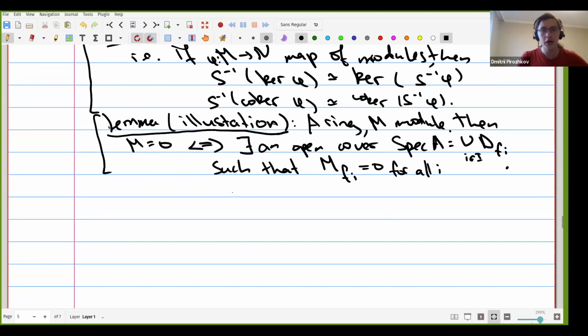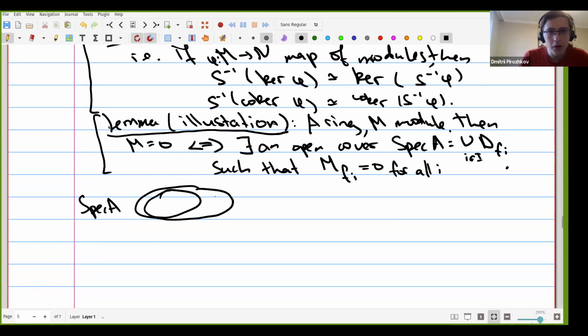And geometrically, what happens is that we had Spec A, and the module was something associated with the sheaf. So we have found an open cover.